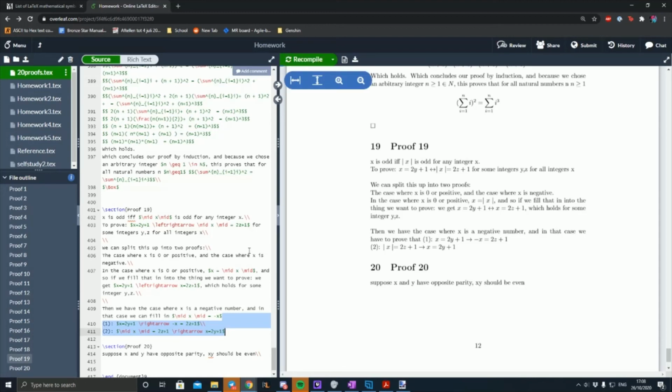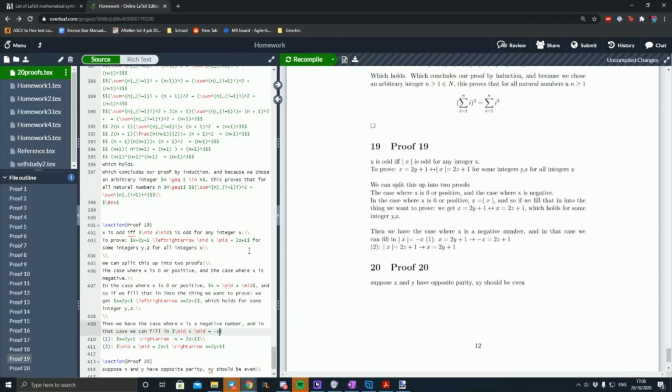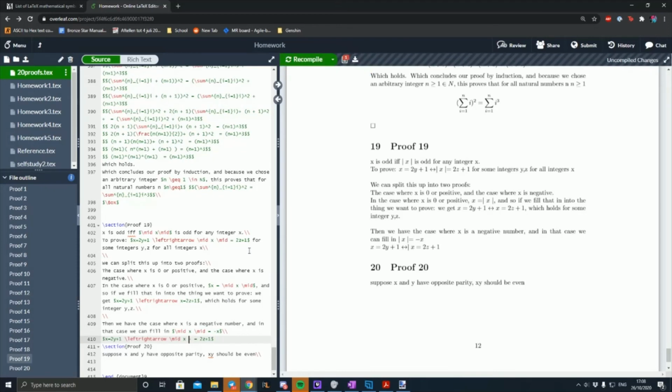So if I don't, yeah, okay, I can remove this. And because we're using left right arrow, that's the same thing as saying just an equal sign. That means we can get this, or negative x equals 2z plus 1.